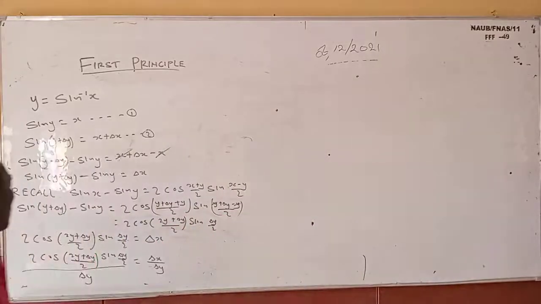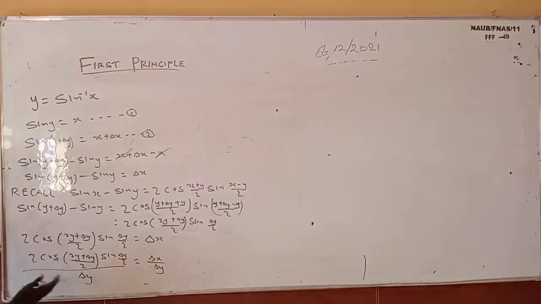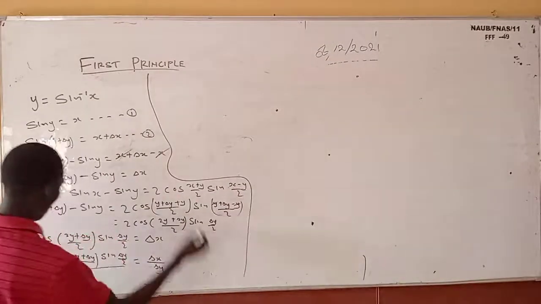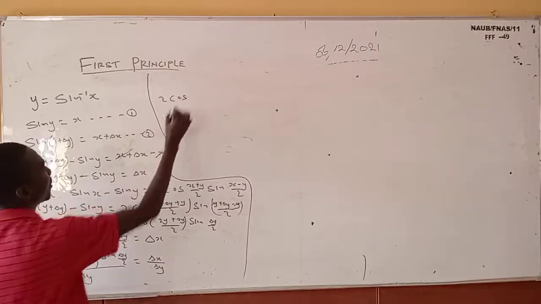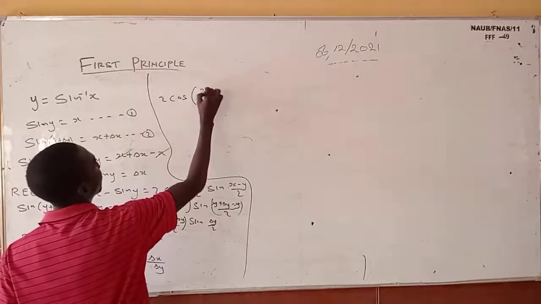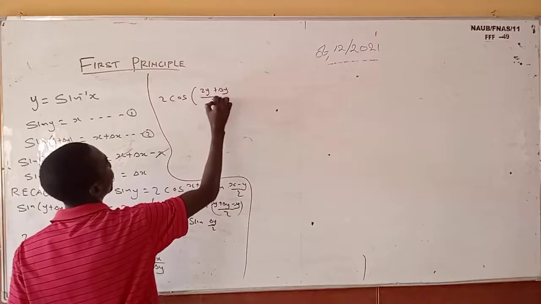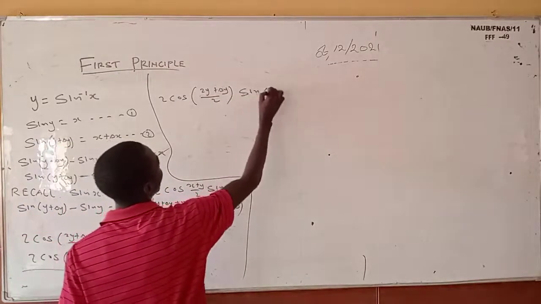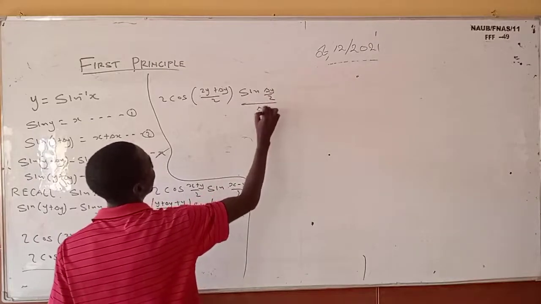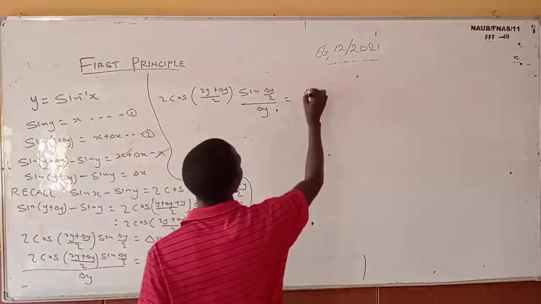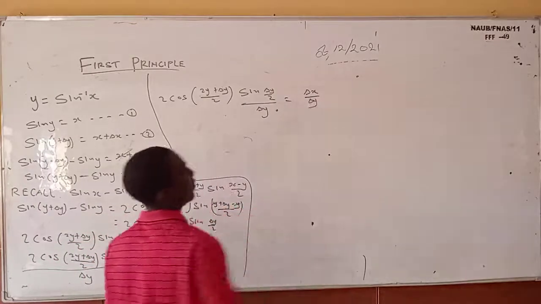So now, I can decide to move this change in y to this side. So it means that we are going to have 2 cos of (2y plus change in y) over 2, and sine of change in y over 2, all over change in y, is equal to change in s over change in y.